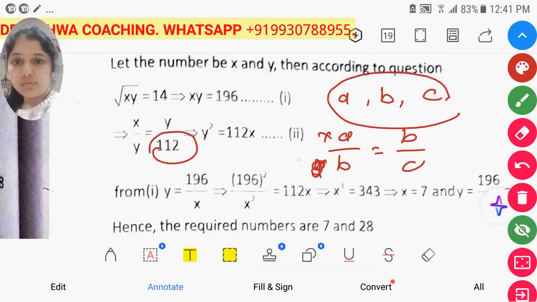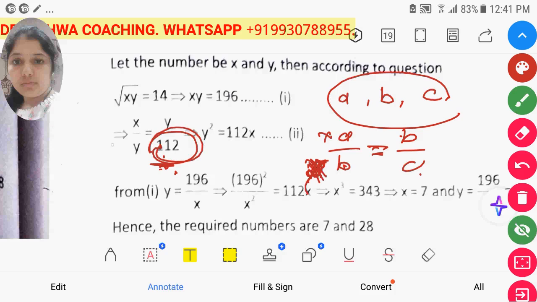So X upon Y is equal to Y upon 112, because the mean proportional and third number are known to us, but the two numbers we didn't know.